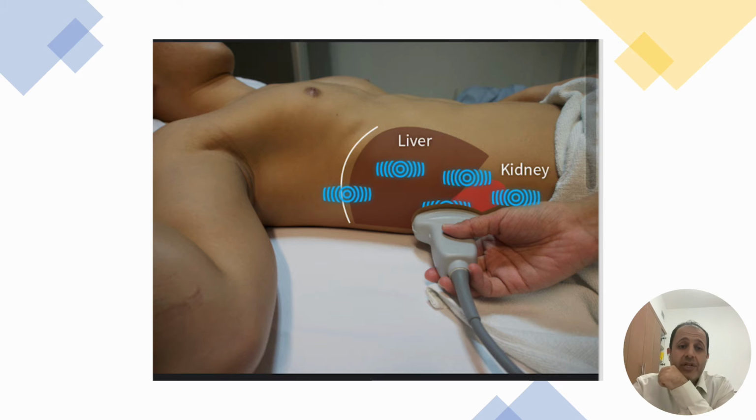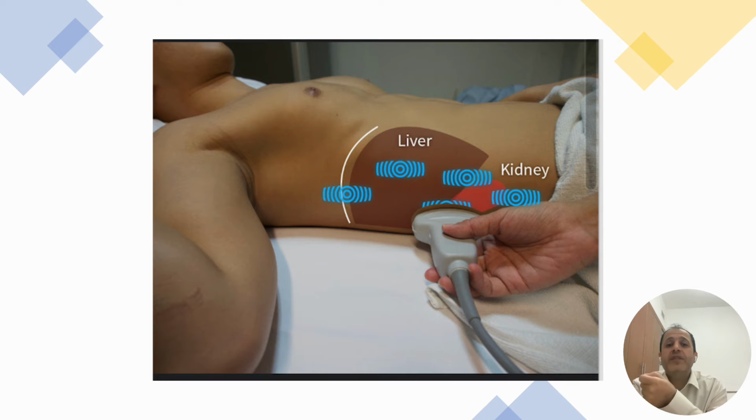As you see in the picture, this is how you should hold the transducer, the probe. It's mid-axillary, posterior mid-axillary, 7th to 9th intercostal spaces, and we keep it longitudinal, in a vertical line.